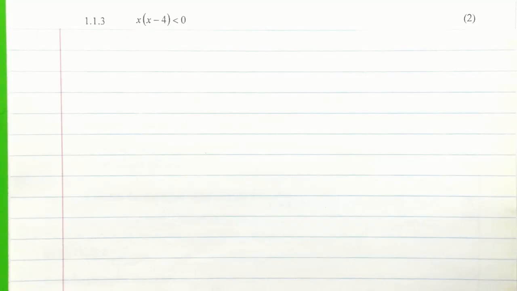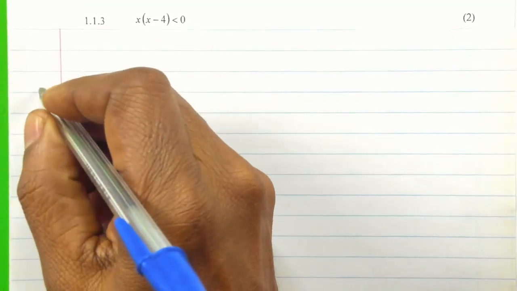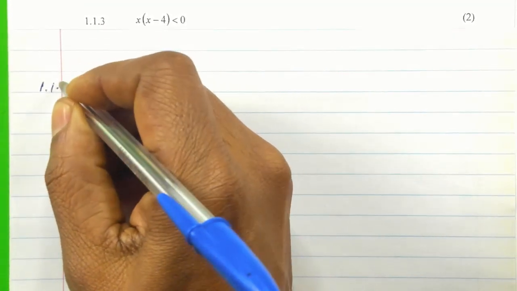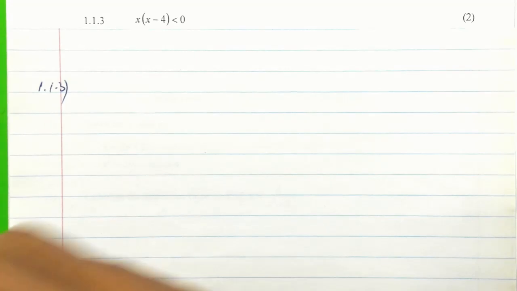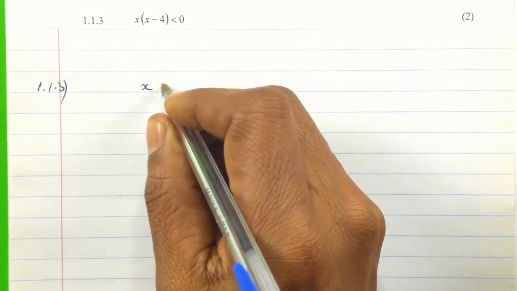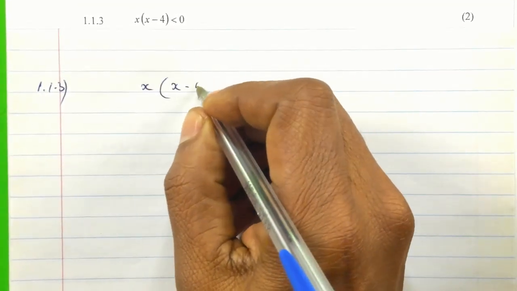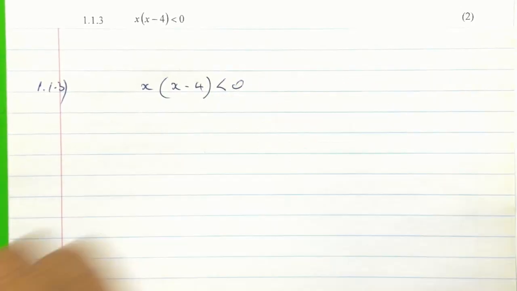Check your video as you watch it, check the time, and see how much time I take. Right, so you get here, you start, then you get to this one, you say, in my reading time I saw that this one is already factorized for me, that's why they only give me 2 marks.